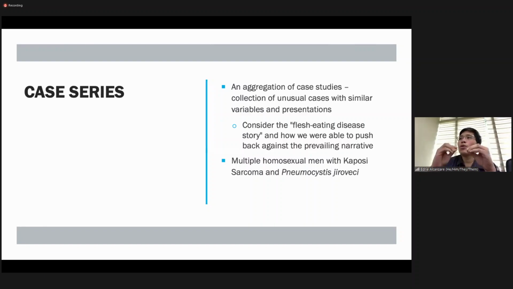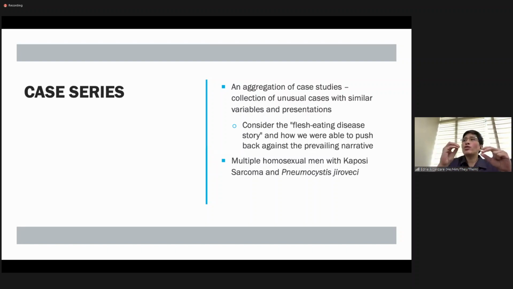Okay. Both these conditions point to immune suppression or a weakened immune system. So your case series is an aggregation of case studies, a collection of unusual cases with similar variables and presentations. So consider the flesh-eating disease story.